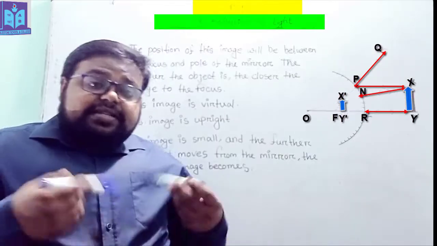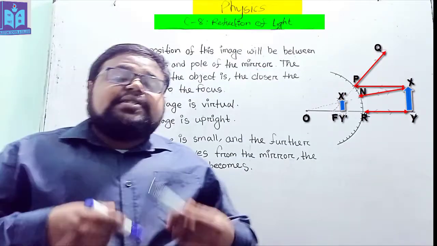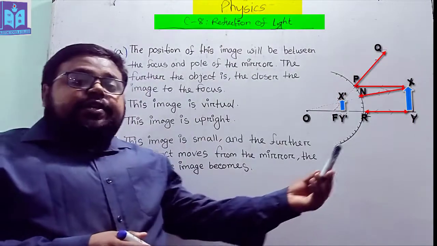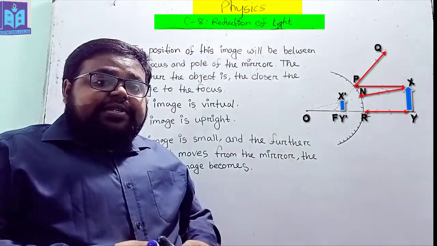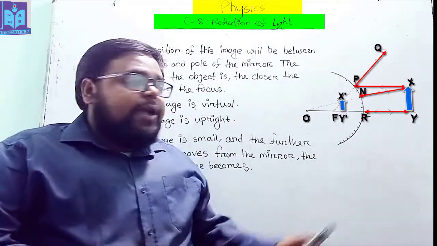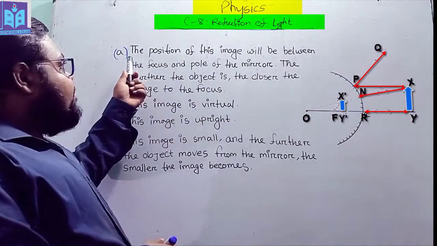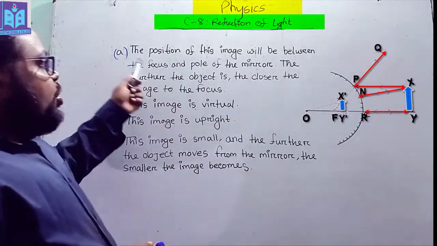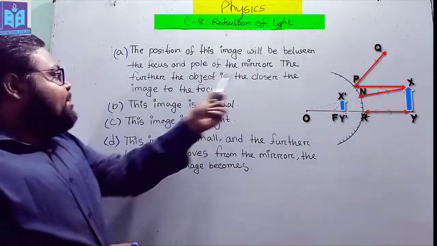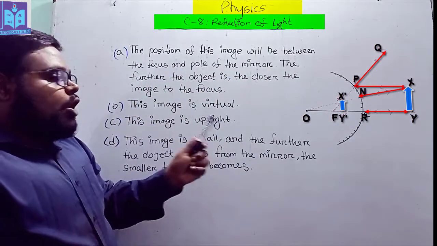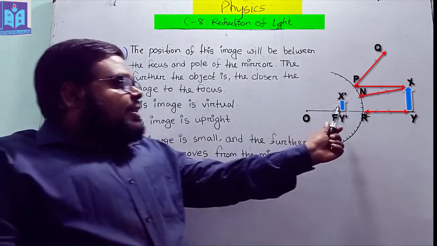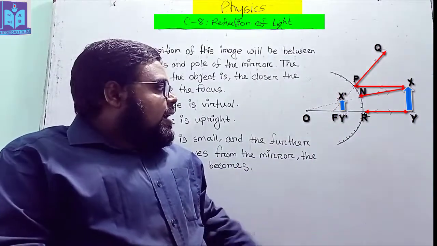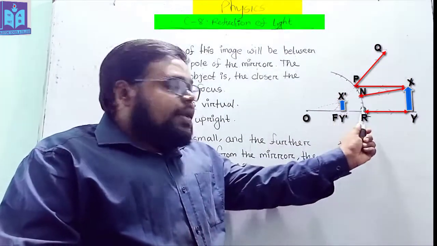Dear student, now I will discuss with you some characteristics of the image which is created in a convex mirror. Here you can see that the first one is that the position of this image will be between the focus and the pole of the mirror. The image is created between the focal point and the pole.